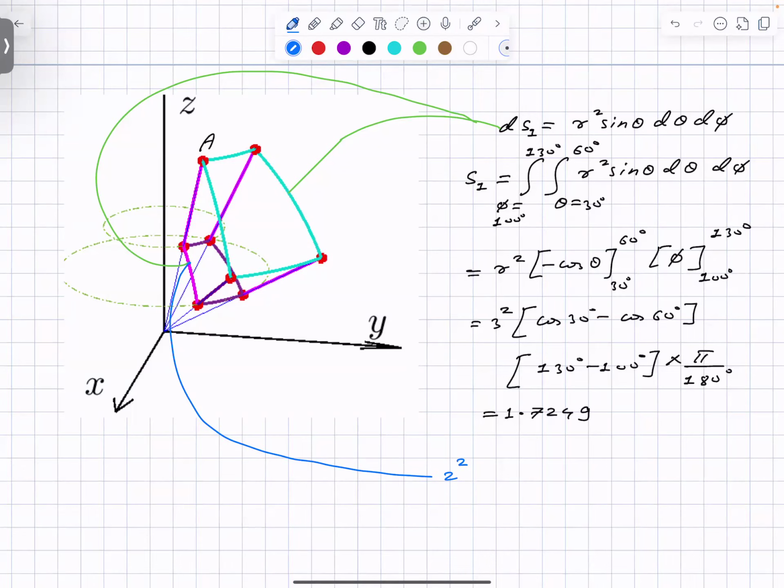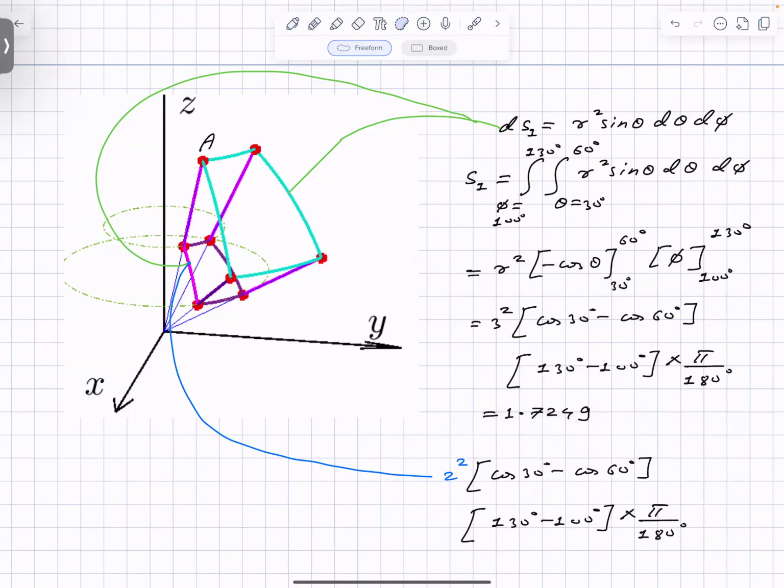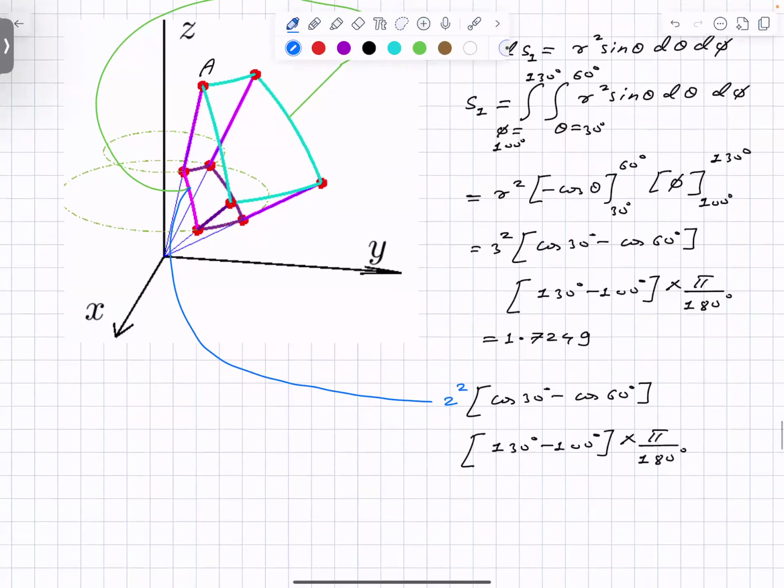And the rest could be copied actually. And the answer for this one would be 0.766. Okay, any question?